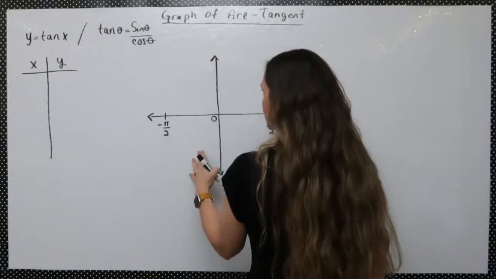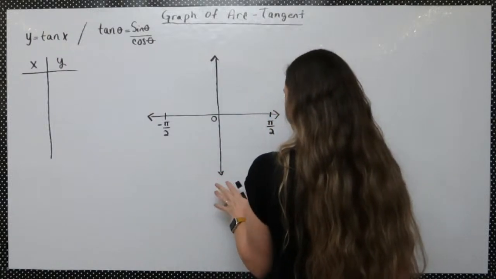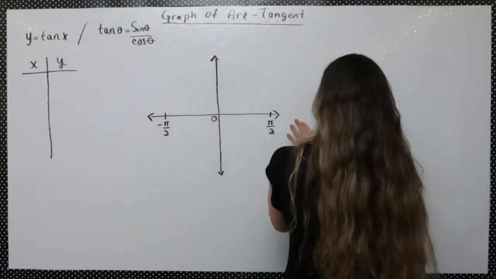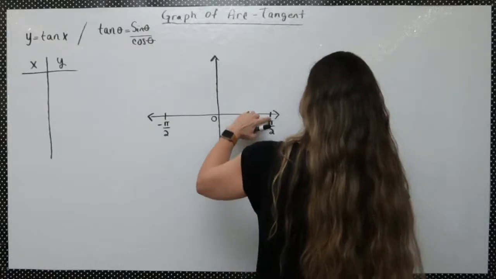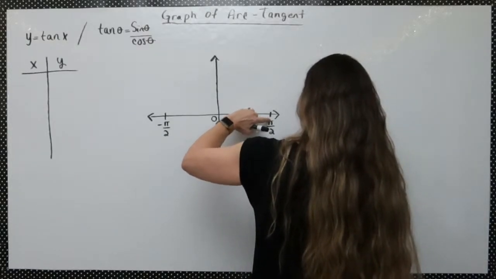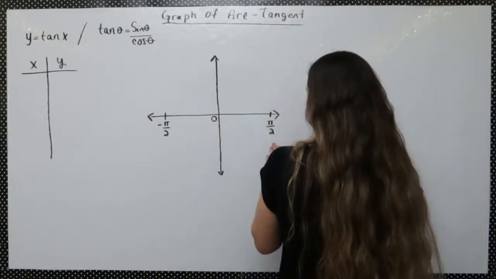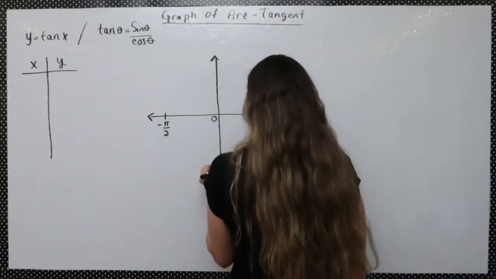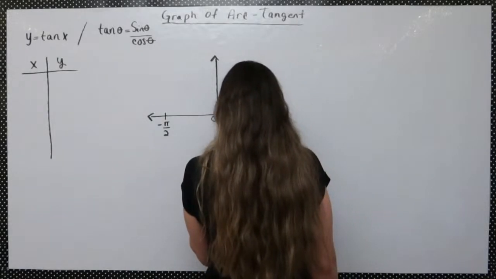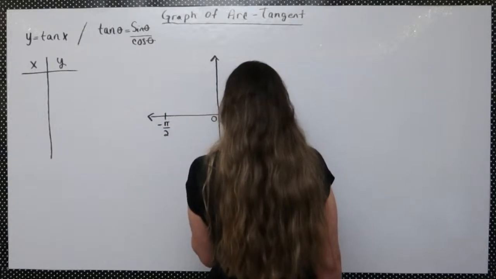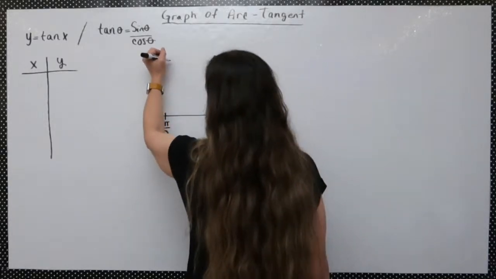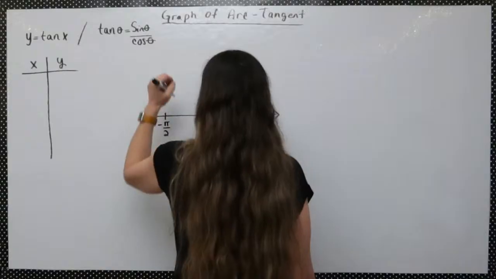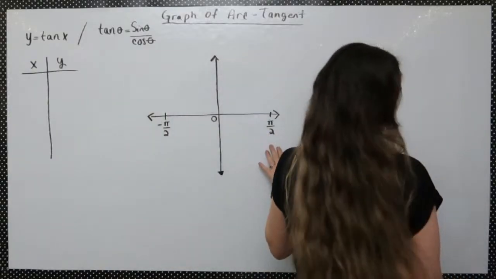And so we'll just get a real quick sketch of the behavior of tangent. And recall, tangent has these weird vertical lines called asymptotes. And these asymptotes appear at intervals of every pi. And there's an asymptote at negative pi over 2 and positive pi over 2.